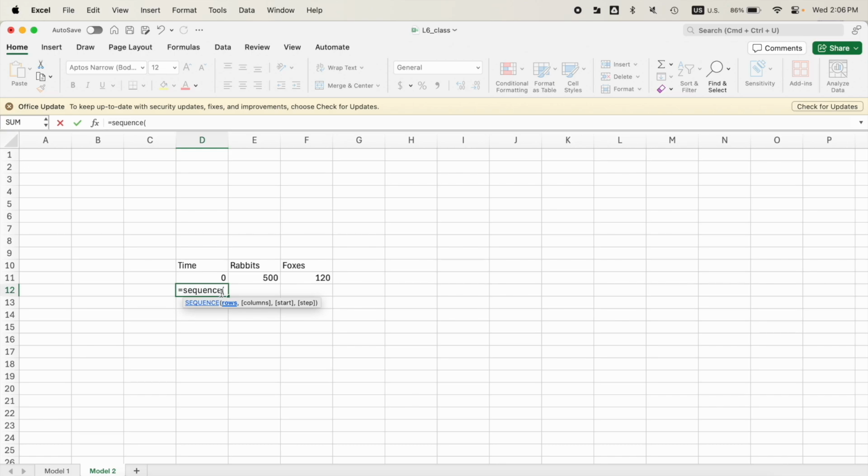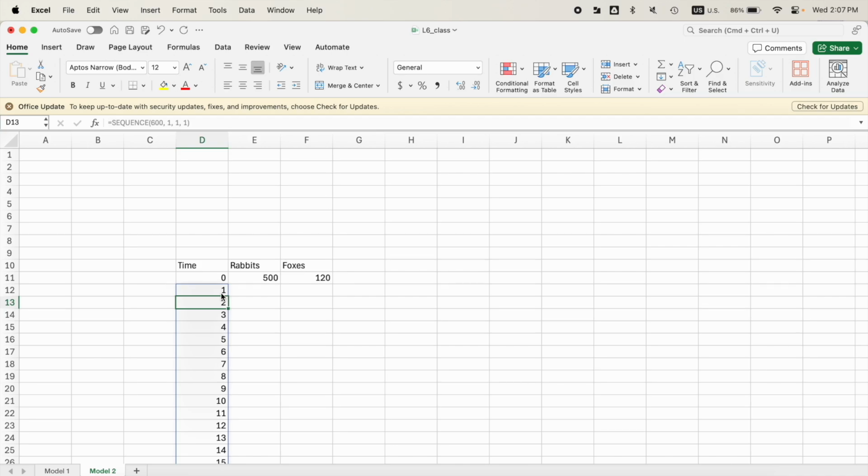How many columns do you like to have? In this case, it's just one column because it's just the time column. The starting number is 1, and the stepping number is also 1. So you do 600, comma 1 column, comma 1 for the starting number, and the stepping is just 1. So you want to take one step at a time. Close the parentheses, hit enter, and this should automatically create a list of 600 rows for you.